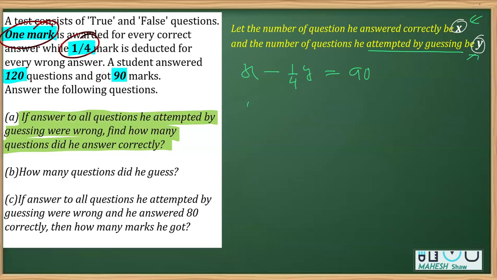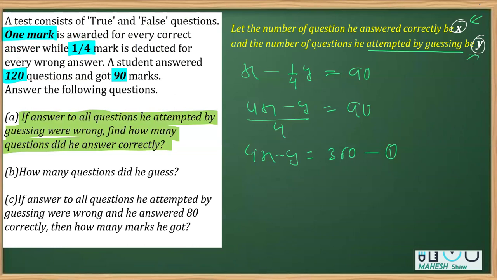Now, if I take LCM, it's going to be (4X minus Y) over 4 is equal to 90. If I do cross multiplication, it's 4X minus Y, and transposing, it is 360, that is 90 into 4. So this is our first equation. Further, we know that the total number of questions he answered is 120.